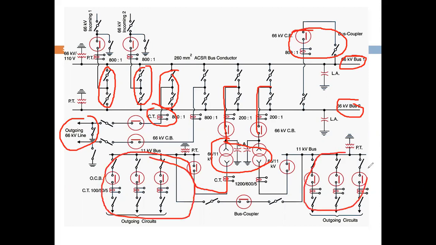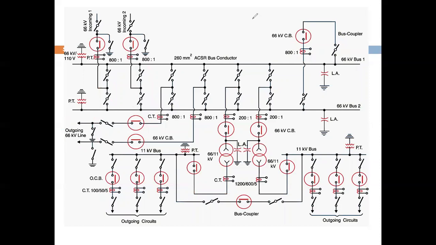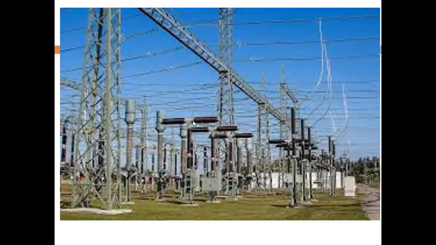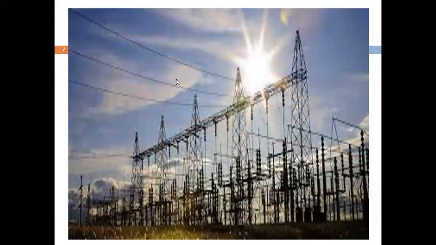These are called feeders. So this is the single line diagram of a substation. This is the switch yard of the substation. This is a circuit breaker. This is a CT. This is also called an isolator. Now you see the outgoing line of the substation.